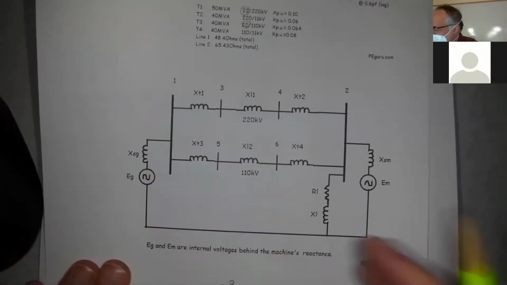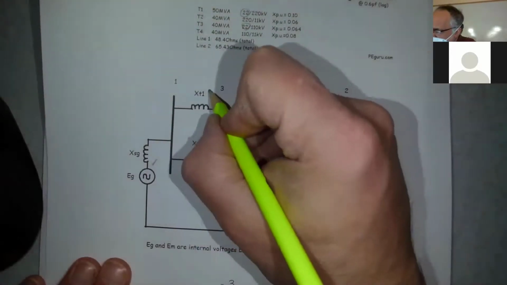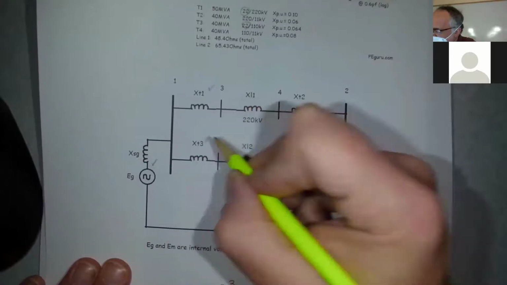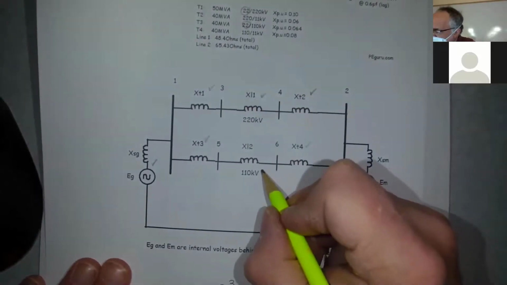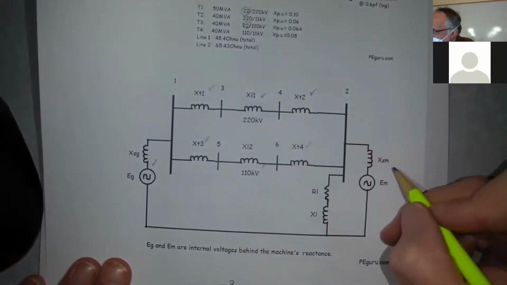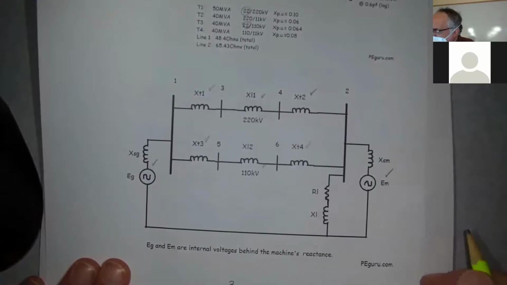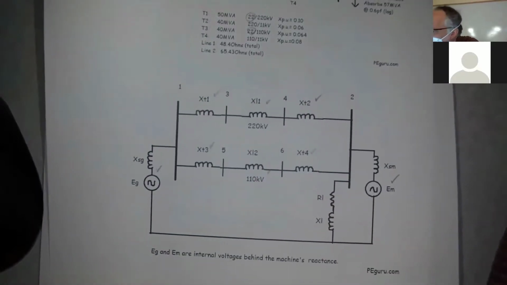That was the first thing we did, I think. So the generator we got, next the transformer 1, transformer 3, transformer 4, transformer 2, X1, the transmission line 1, transmission line 2, and we got the motor. We got this load right here that we have to try to figure out.